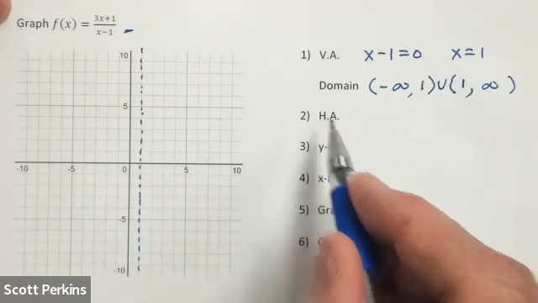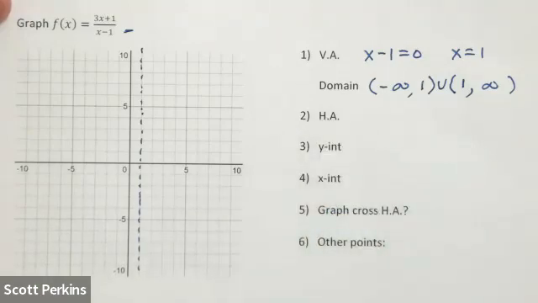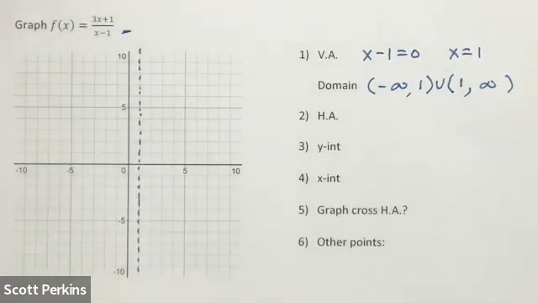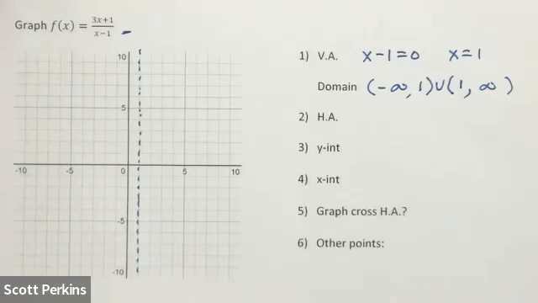The next prompting is my horizontal asymptote. And as we saw when we went through this, there are 2 situations that we will encounter with horizontal asymptotes. The first happens when the degree, meaning the highest power of the denominator, is more than the degree of the numerator. And in that case, the horizontal asymptote is always y equals 0.